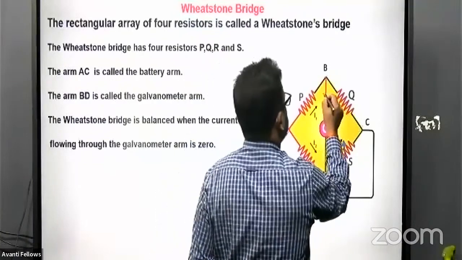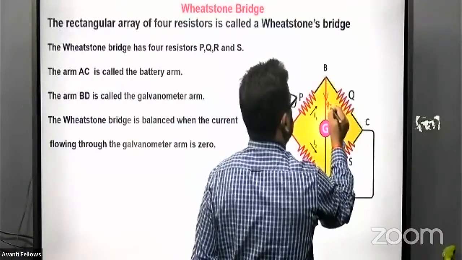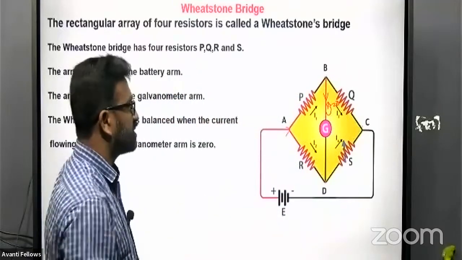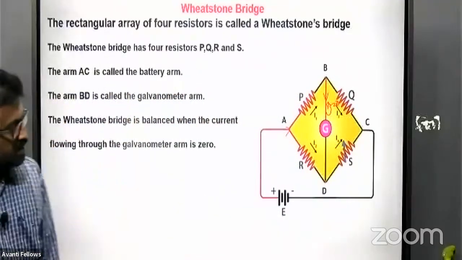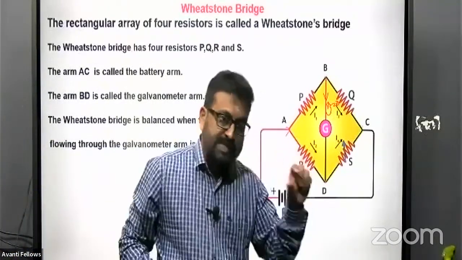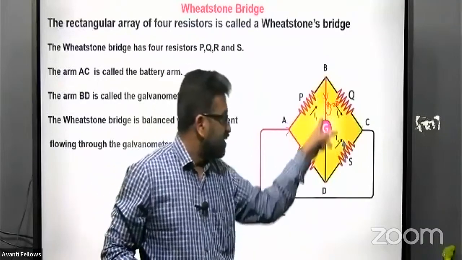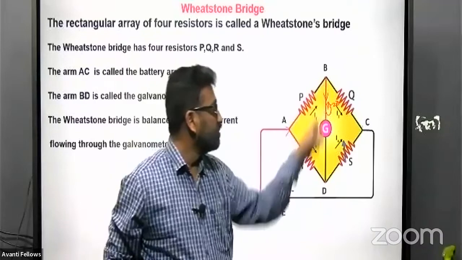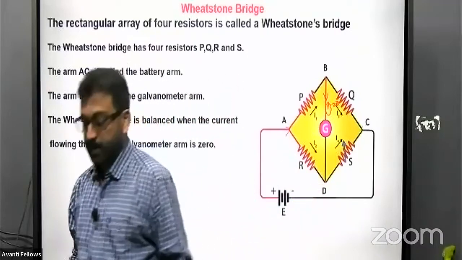That is, there is no current through the galvanometer, Ig reduces to 0. That's why the galvanometer is kept there, to identify whether there is any minute, small value of current flowing between B and D.